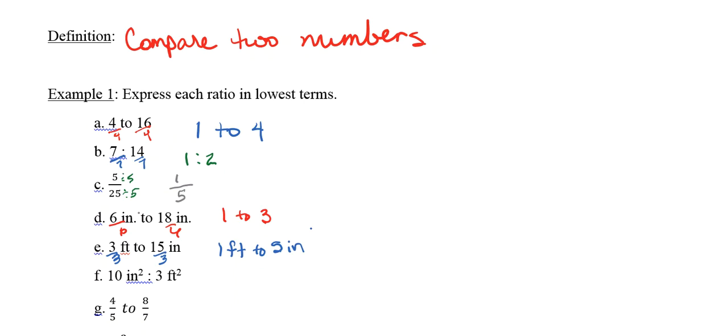Now if I don't want to write the units in, what I can do is convert. So let's see what that would look like. If we go to inches, every 3 times 12, 3 times 12 is 36. So every 36 inches to 15 inches. Again, I can divide by 3.